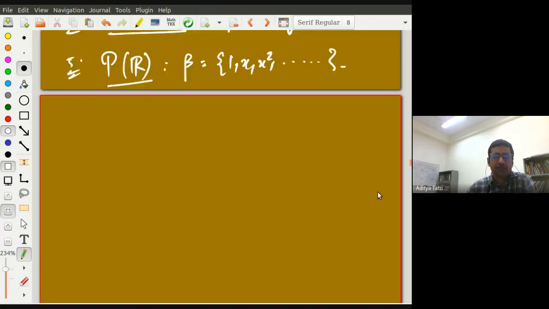One more example and then we stop there. The vector space of all m cross n matrices over real numbers. What could be a basis here?